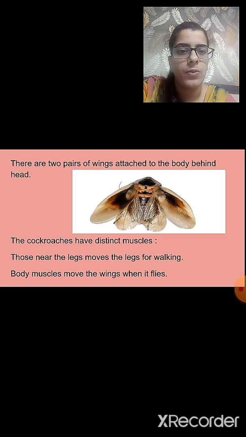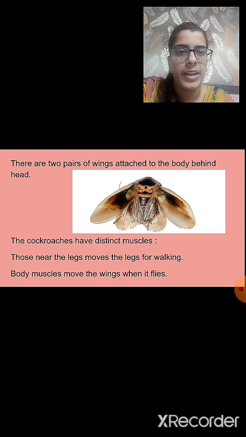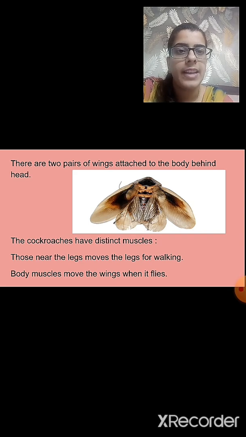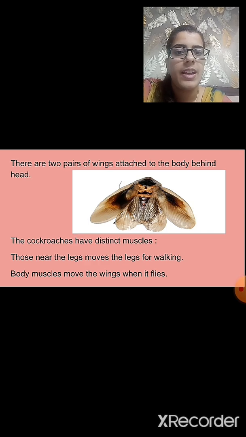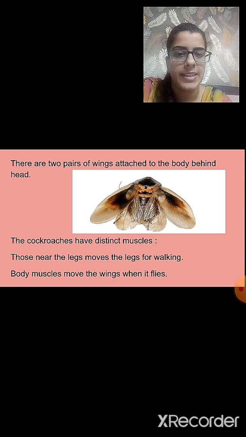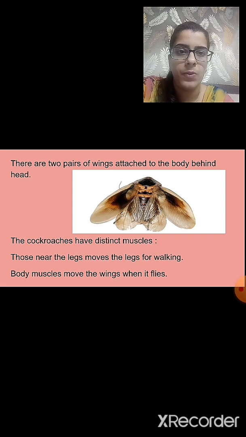There are two pairs of wings attached to the body behind the head, which help them to fly. The cockroach has distinct muscles in its body. Those near the legs move the legs for walking, and body muscles move the wings when it flies.